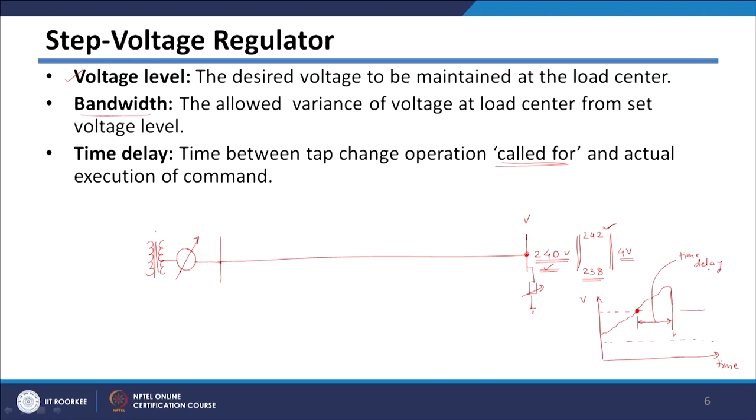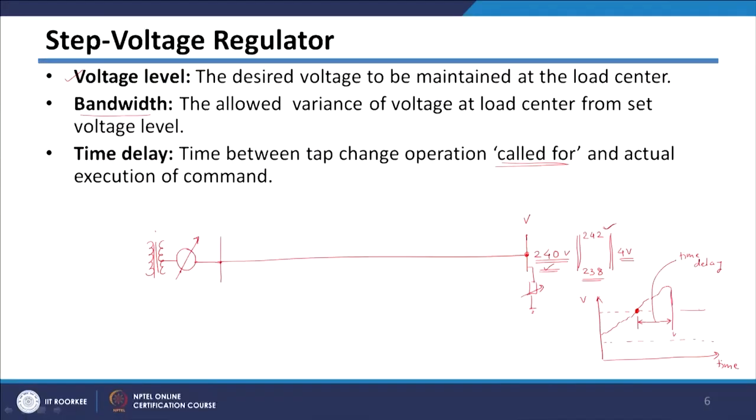operation of your regulator, because there will always be small changes in the current which will change the voltage at the feeder end, and for each of those transient changes in the current we do not want the regulator to operate. Say the current is decreasing and the voltage was going up, however, suddenly some load has come, and the voltage will start dropping.